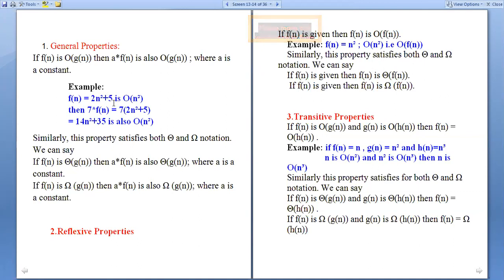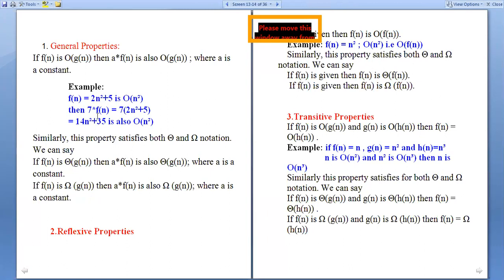Now, what is the highest order here? 5 is some constant value, n square you are multiplying with 2. So n square is the highest power of n. In big O notation, you can say big O of n square.